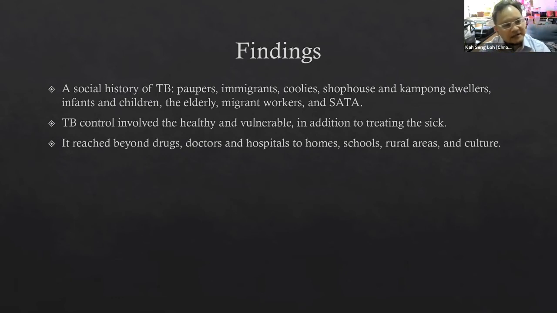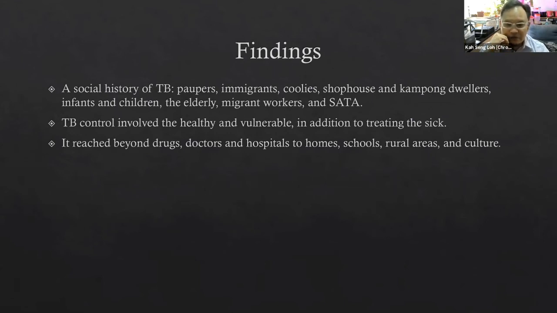The other thing is, as we also know with COVID-19, TB is not just about the sick. It's also about managing, persuading, vaccinating people who are healthy or people who are vulnerable. So in that sense, you have a very wide social history beyond the small numbers who are actually sick. TB is not just about drugs. It's not just about antibiotics.